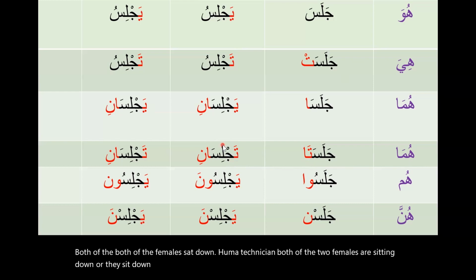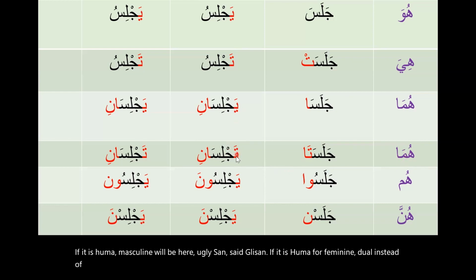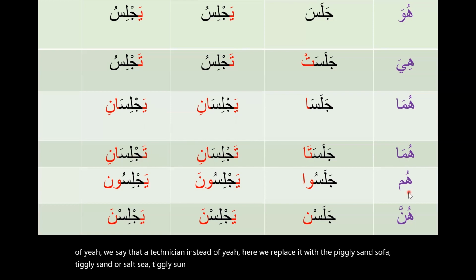And for the future tense, huma satajlisan. If it is huma masculine, it will be ya, yajlisan, sayajlisan. If it is huma feminine, dual, instead of ya we say ta, tajlisan.